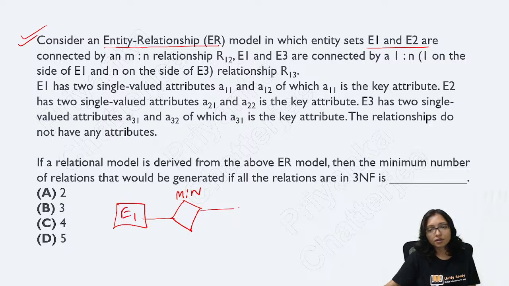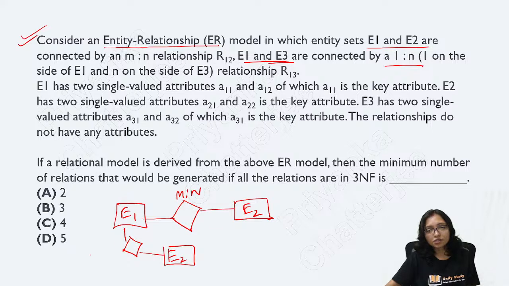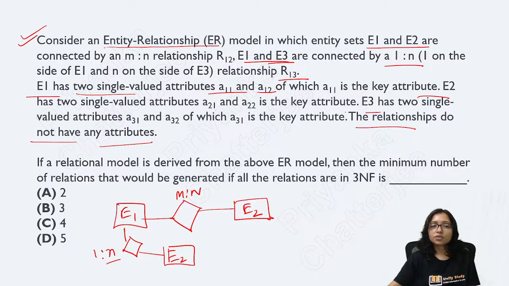Here is E1, here is E2, E1 E3, and E1 and E3 is connected with a 1 to many relationship. So here is another relationship. With that relationship E3 is connected, and this is a 1 to many relationship. Okay, and here E1 has two single valued attributes, these are given, and E3 is also given. Then the relationship does not have any attribute, that is also given.